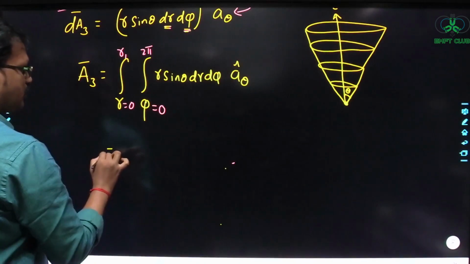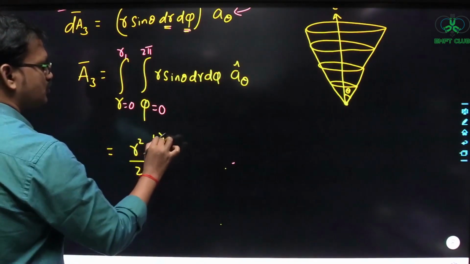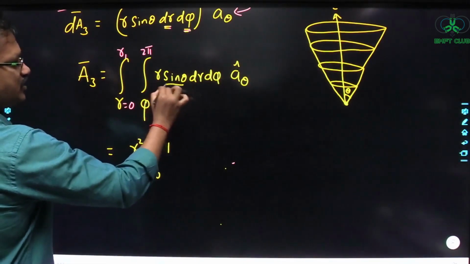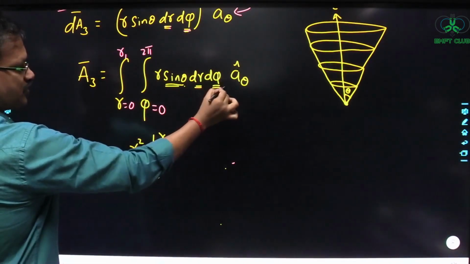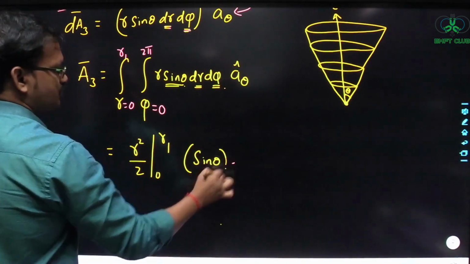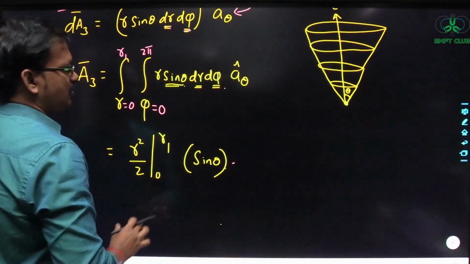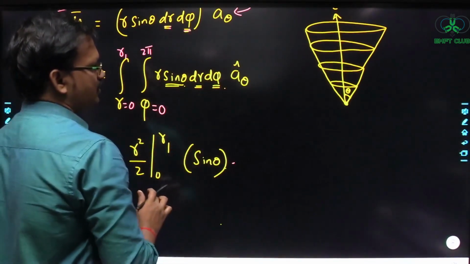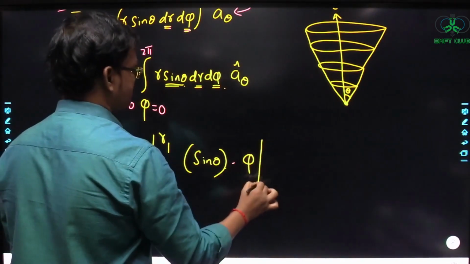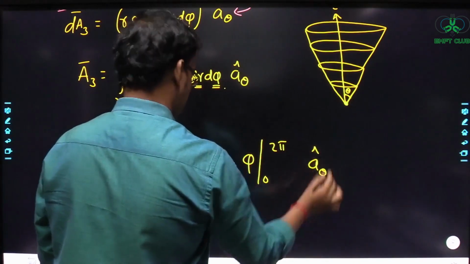Integration of r dr is r square by 2, with range from 0 to r1. Next, sin theta is constant with respect to these integration variables, so take sin theta out of the integration. Next, integral d phi is nothing but phi, with range from 0 to 2 pi, and its direction is a theta cap.